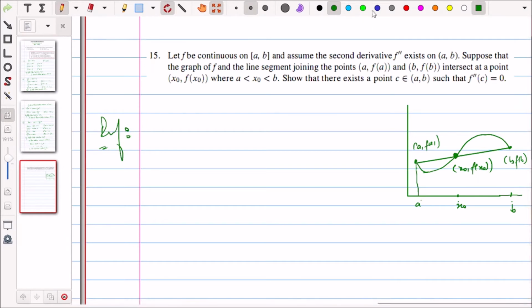Because f is given to be continuous on the closed interval [a, b] and the double derivative exists, that means f dash also exists.